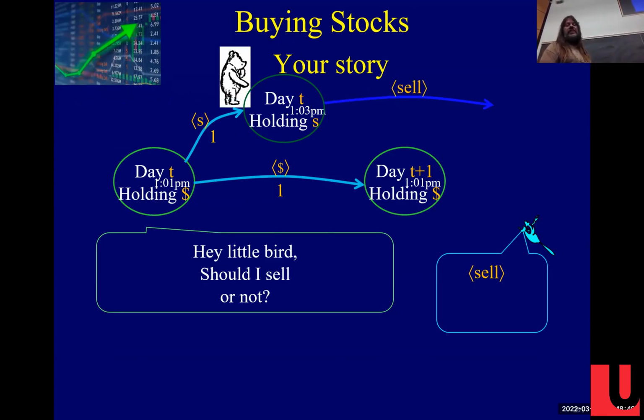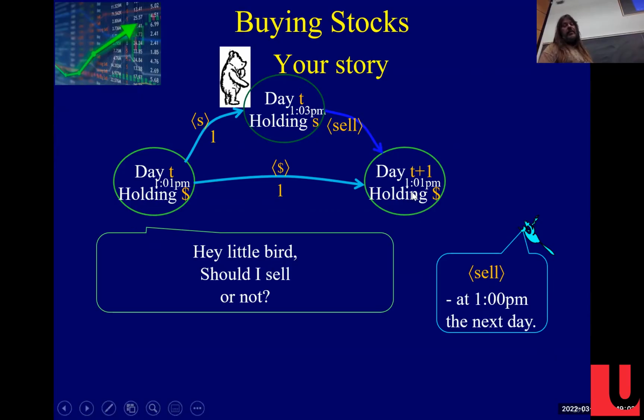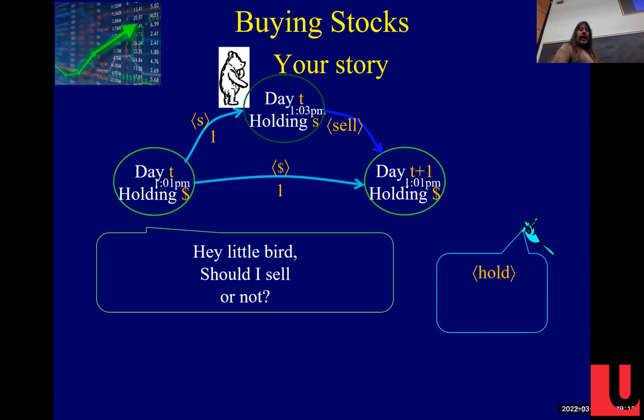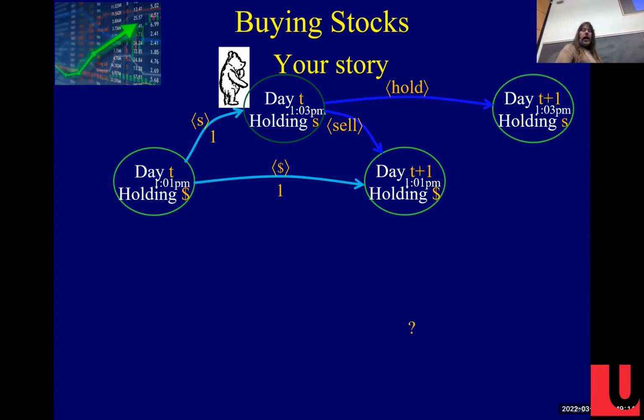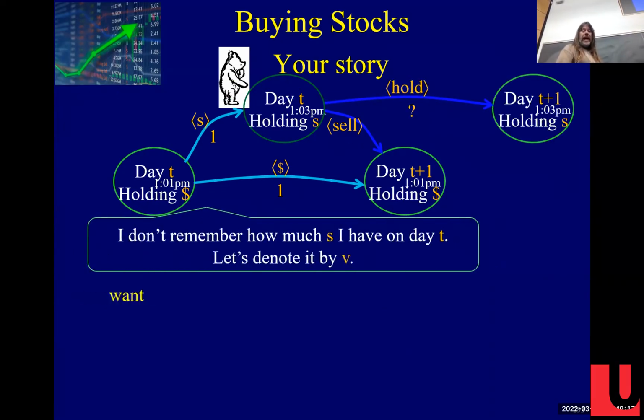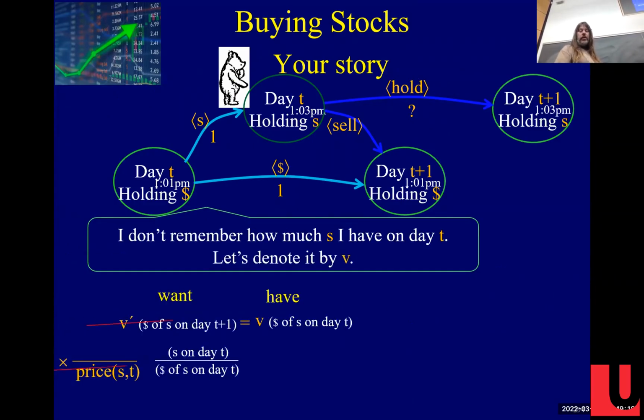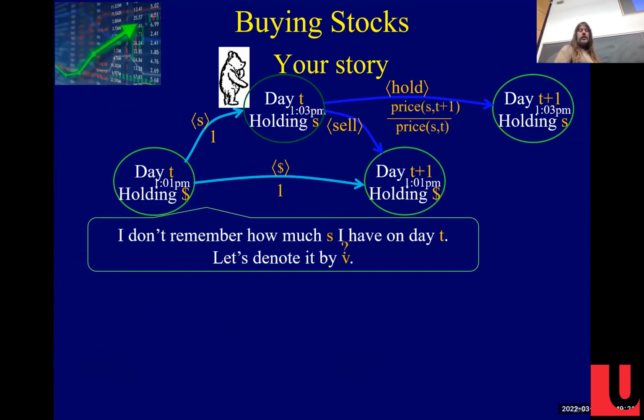If she tells me to keep it, I hold that stock on the next day. And if she tells me to sell it, then I come down here. Does that make sense? So it's a slightly more funny graph, and you can calculate all these and put in the costs.